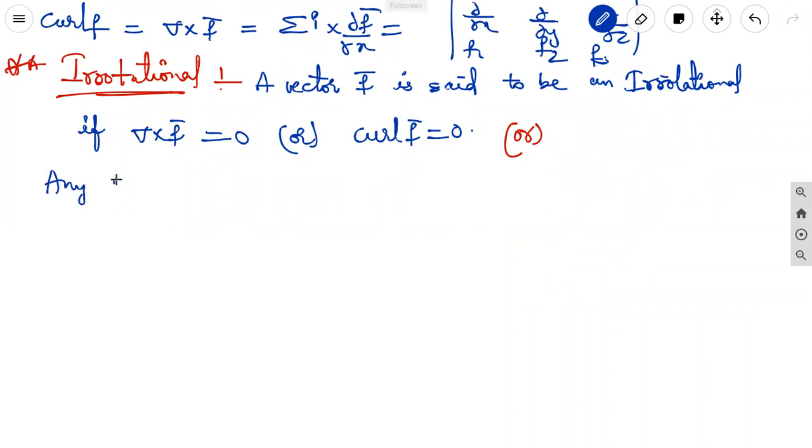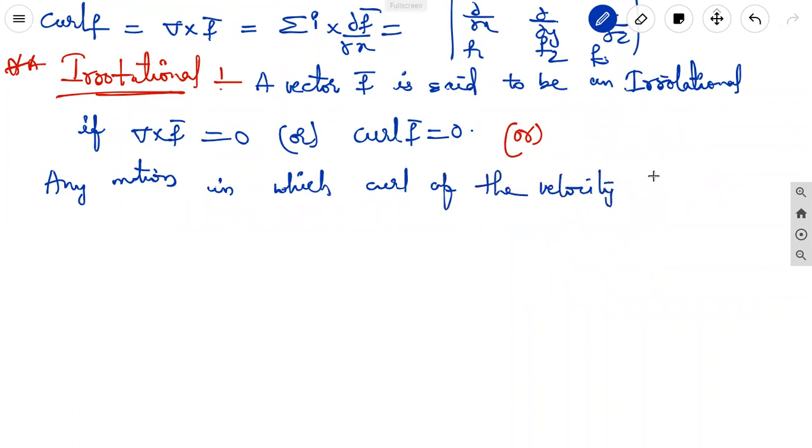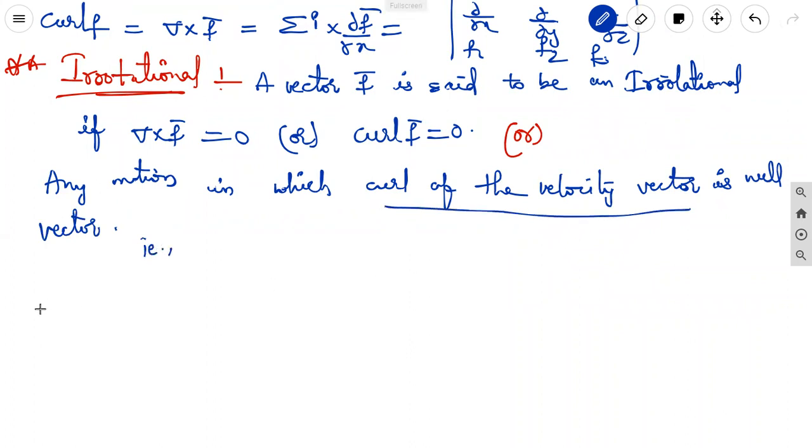Any motion in which the curl of the velocity vector is a null vector means del cross v vector or curl v vector is equal to 0 vector.